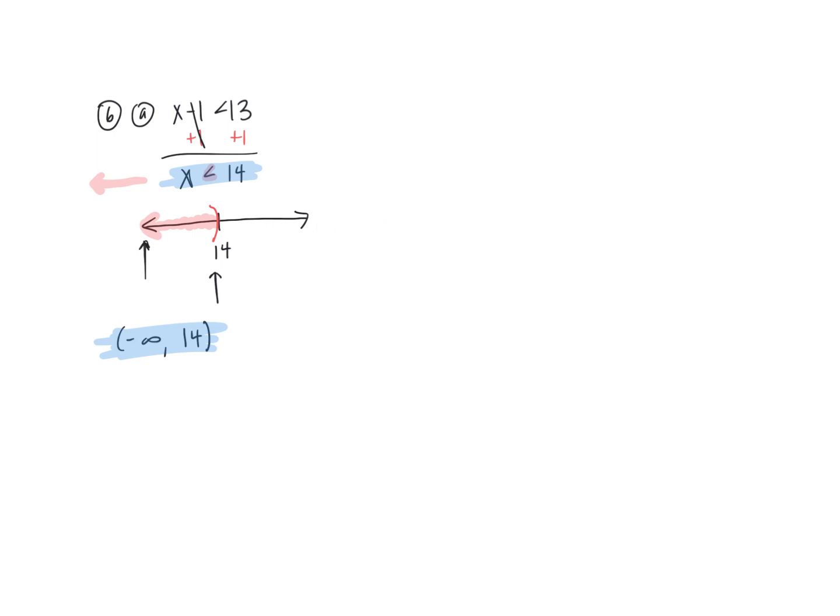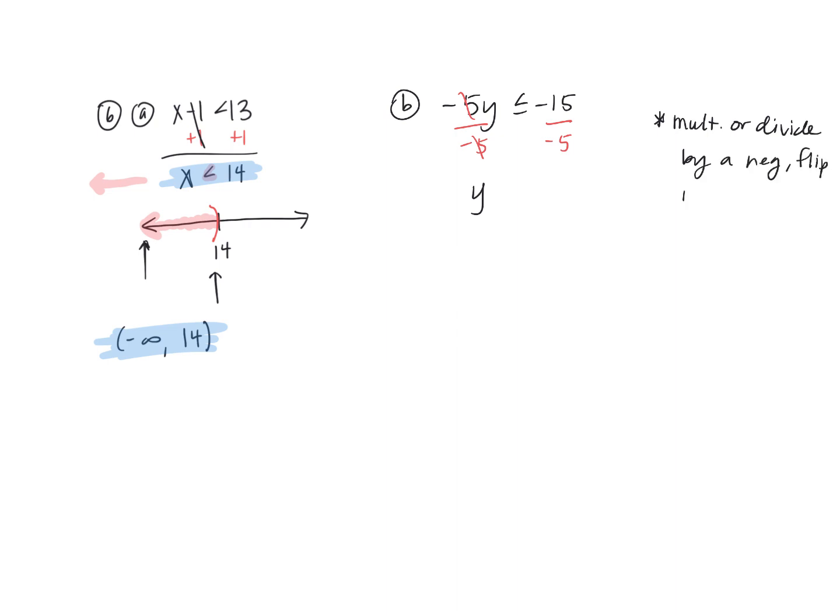All right, let's look at 6b. So b is negative 5y is less than or equal to negative 15. So we want to get the y by itself, so we would divide by negative 5. Remember, if you multiply or divide by a negative, flip the inequality symbol.